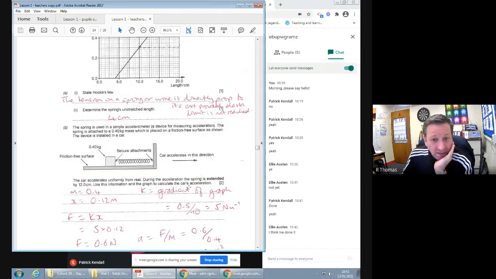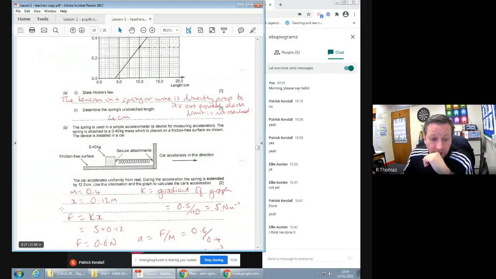So my gradient was 0.5 divided by 0.10. Don't forget, units were in centimeters, and the SI units of k are newtons per meter. So it was 0.5 divided by 0.1, which was 5 newtons per meter.